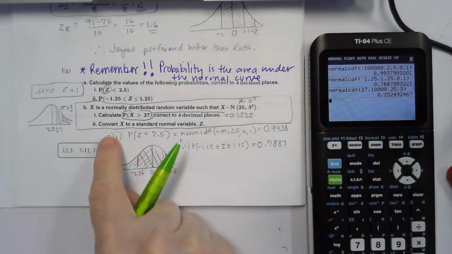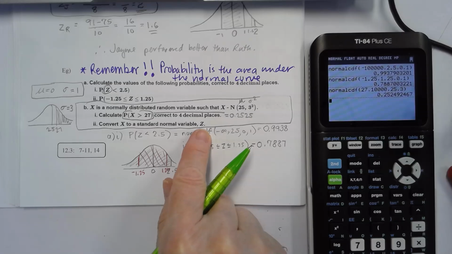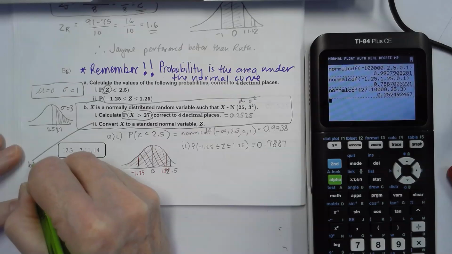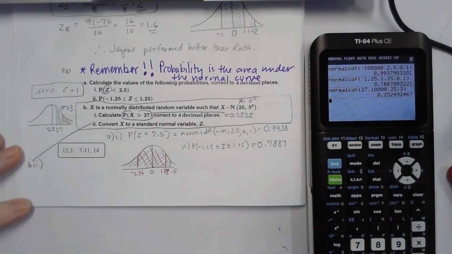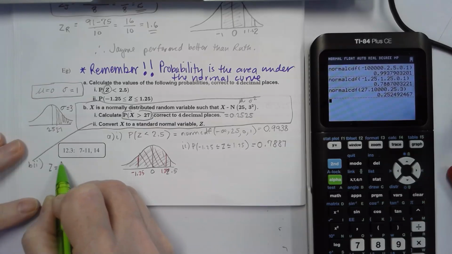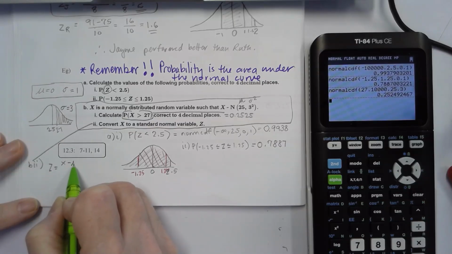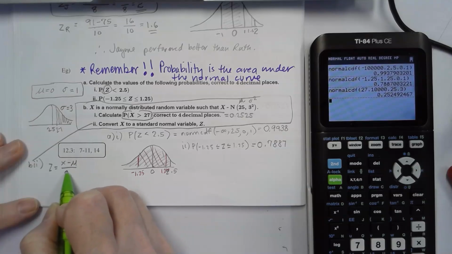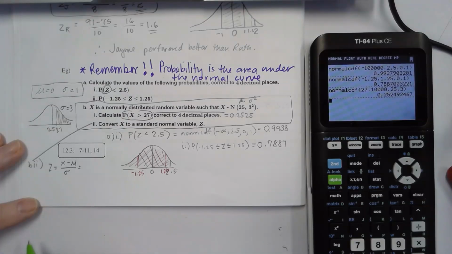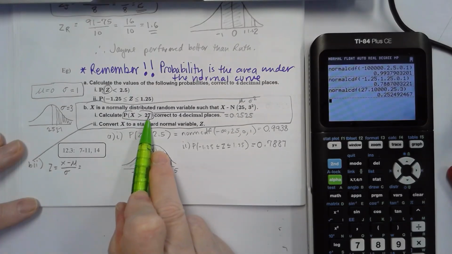Then it says convert this to a z value. Okay, the formula for the z value is z equals x minus mu over sigma. What's the x? 27.